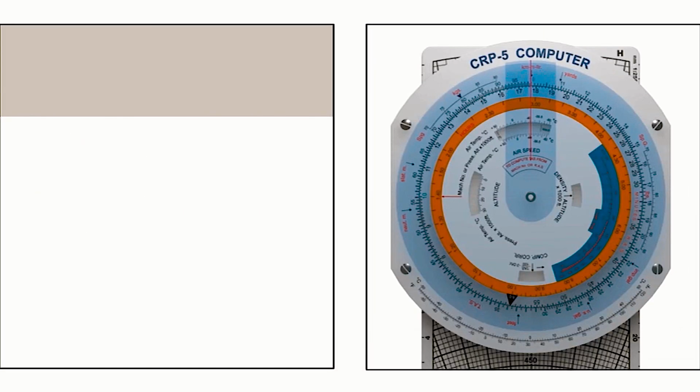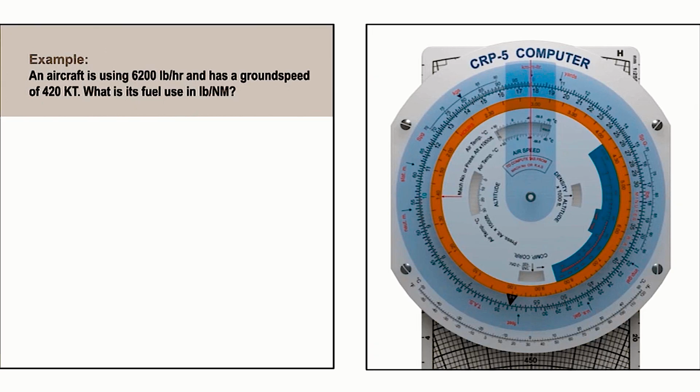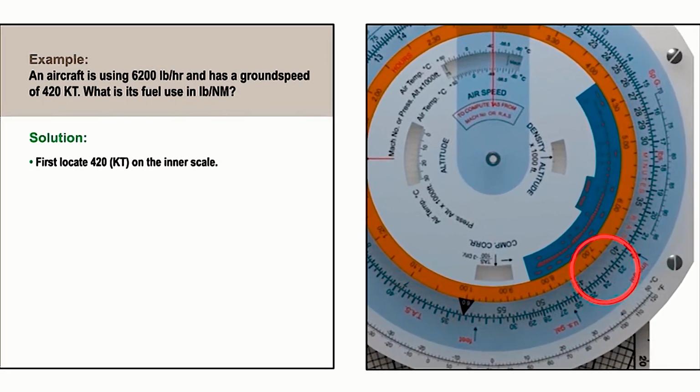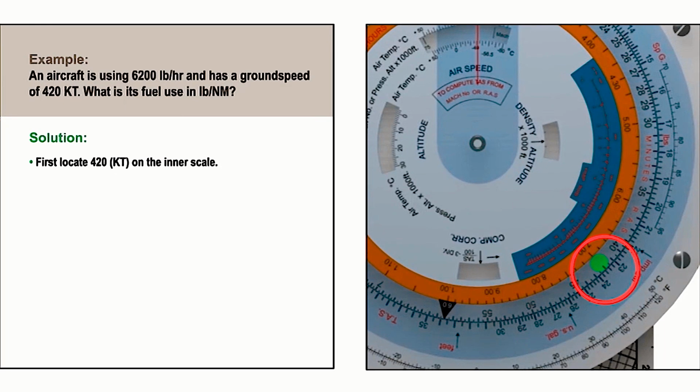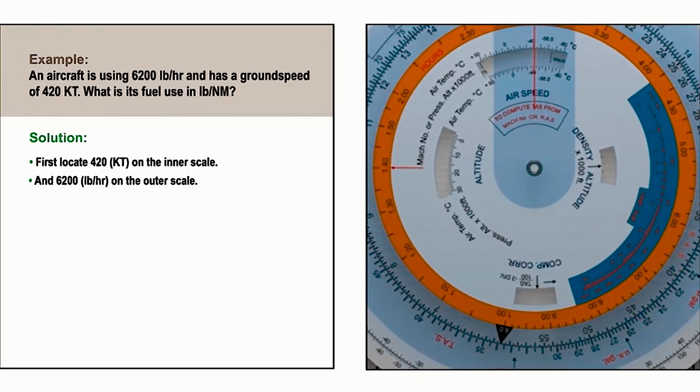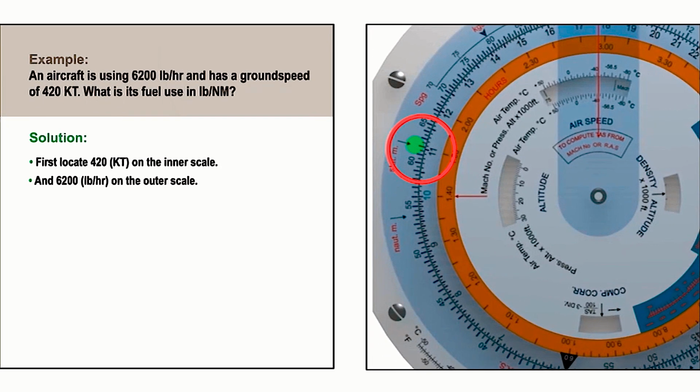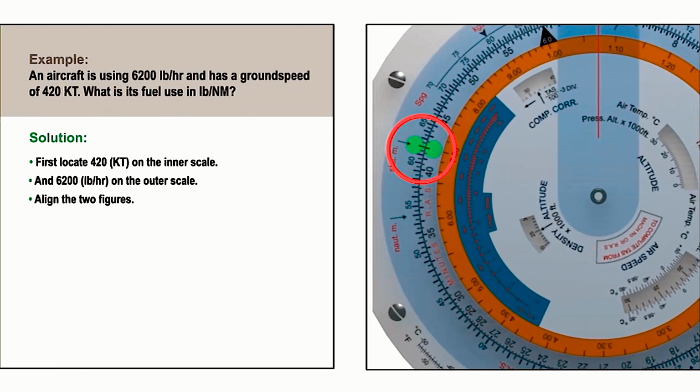If we know that an aircraft is using 6,200 pounds of fuel in an hour and it has a ground speed of 420 knots, we can use the CRP-5 to determine its fuel consumption in pounds per nautical mile. This is an example of the use of the computer to solve a division problem. First, locate 420 on the inner scale and 6,200 on the outer scale and align the two figures.